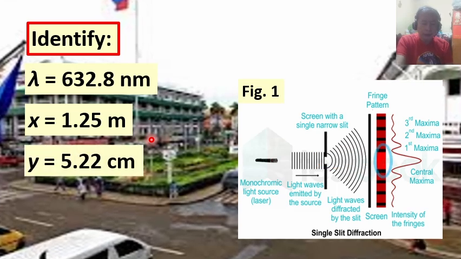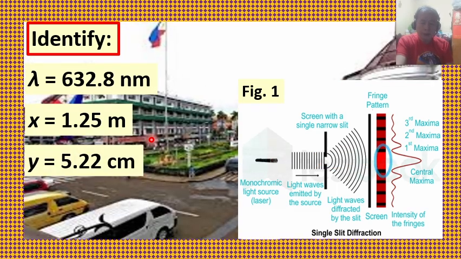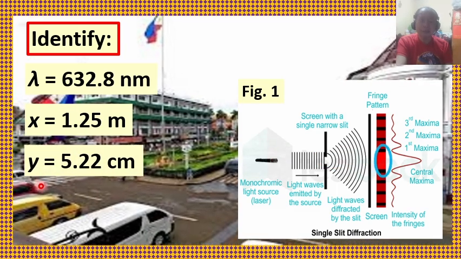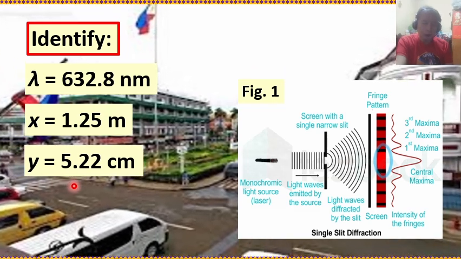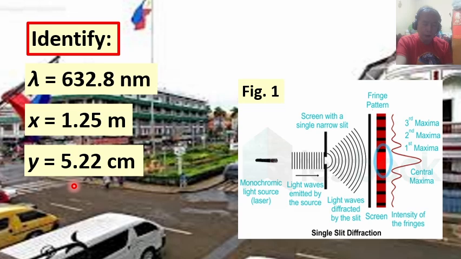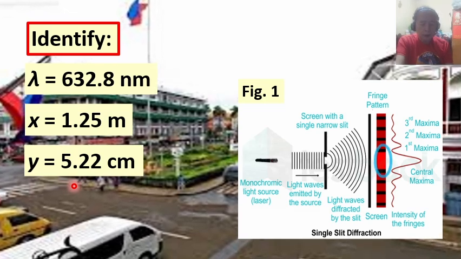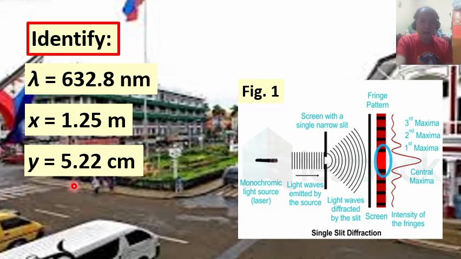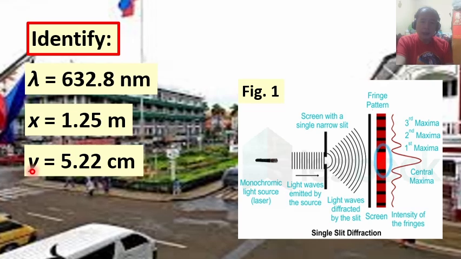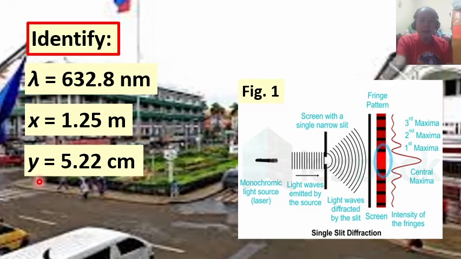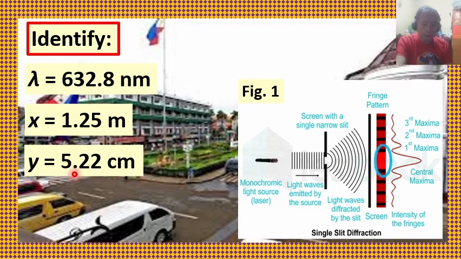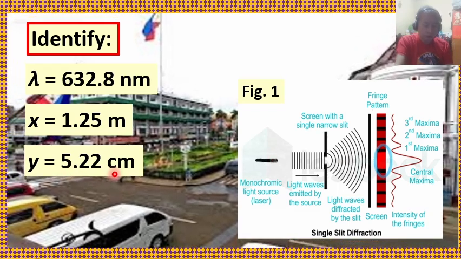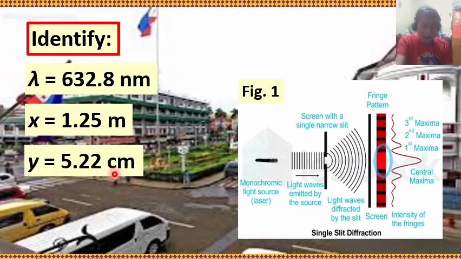And the separation distance between the two first order minima or first order dark fringes, denoted here by capital letter Y, is equal to 5.22 centimeters.